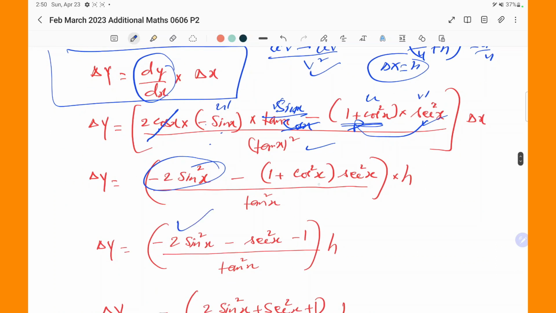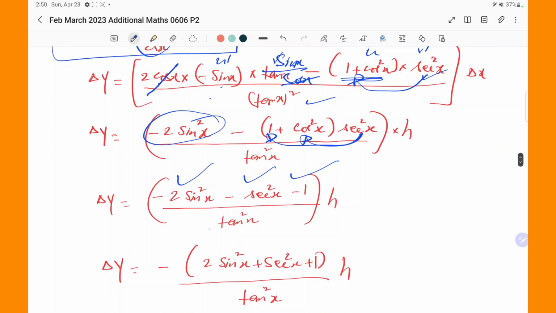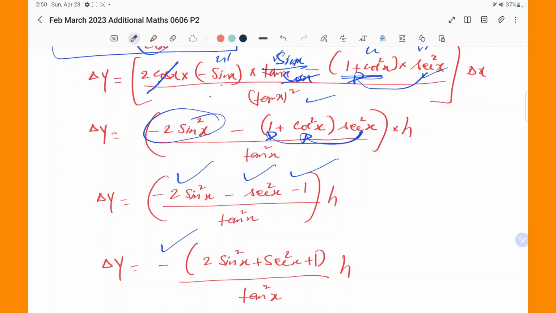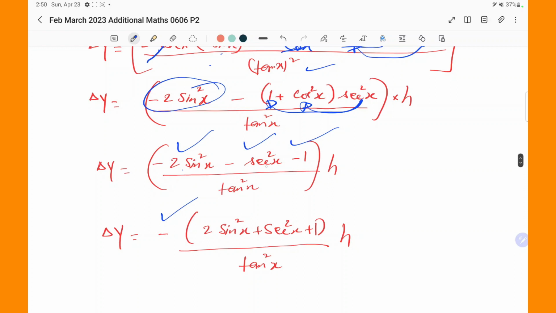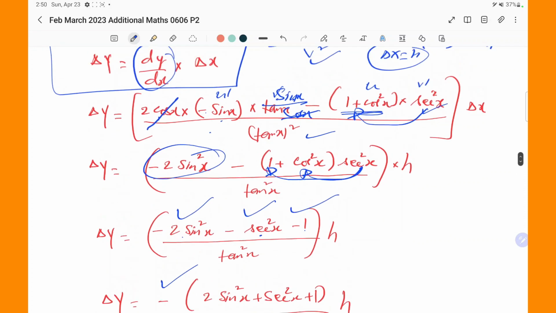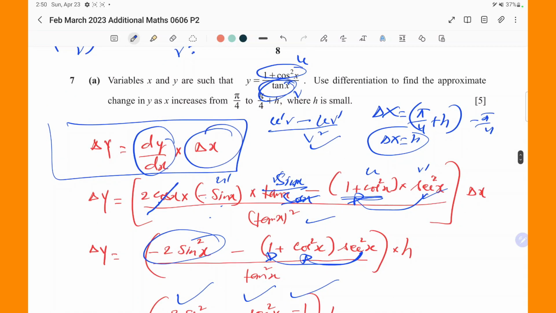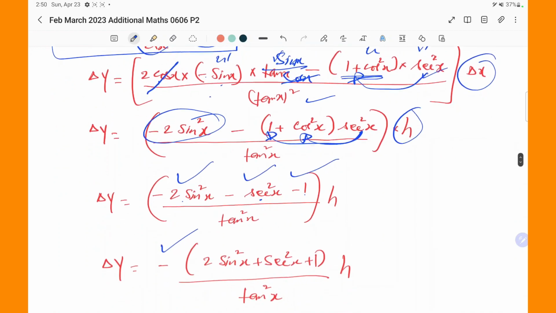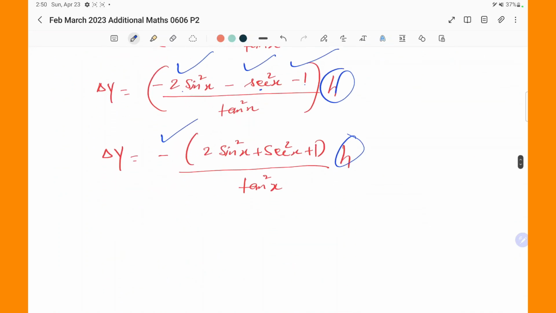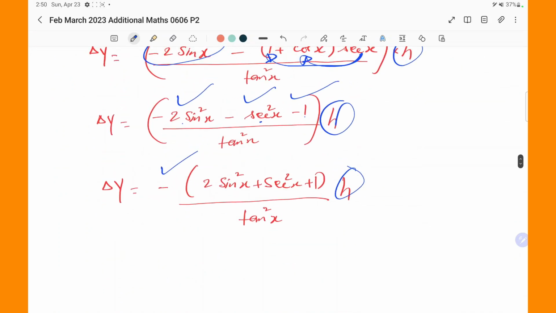So minus 2 sin square, and sec square times 1, which is minus sec square, times cos square, which is 1, so minus 1 here. Now I will take minus outside, so I got 2 sin square plus sec square x plus 1 over tan square x. Now this delta x, I already found to be h, so just replace delta x by h. So this is my change in y.